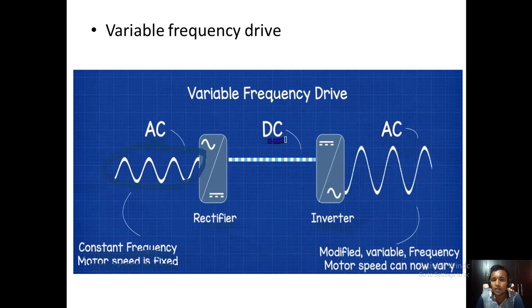So the inverter converts DC into AC. So here it is a constant frequency, but here we can get a modified, variable frequency. Okay, so here the frequency is like this, and here you can see the frequency is like this. That means in a variable frequency drive, you can use an inverter circuit.